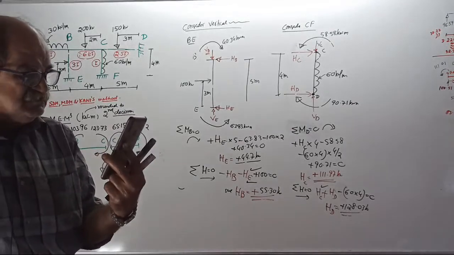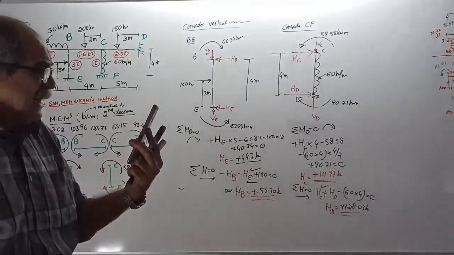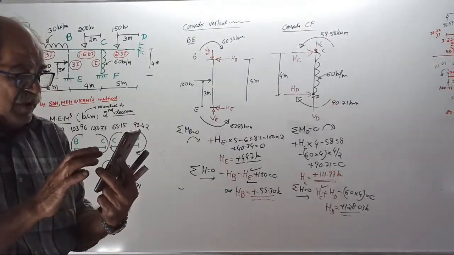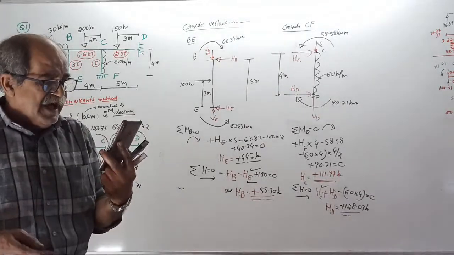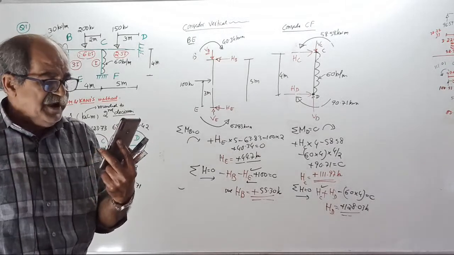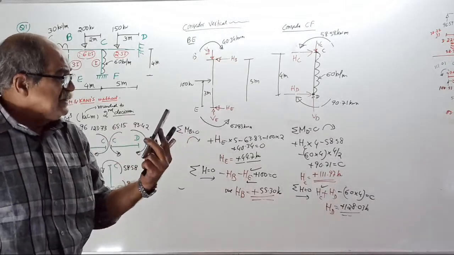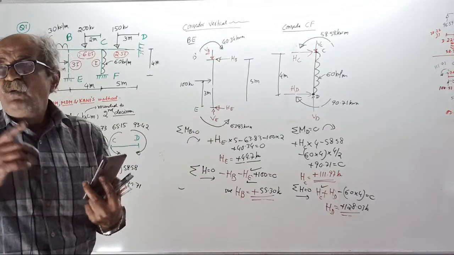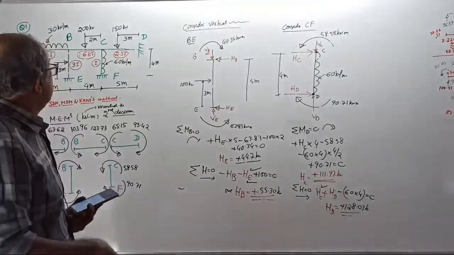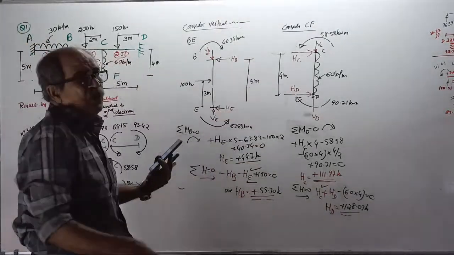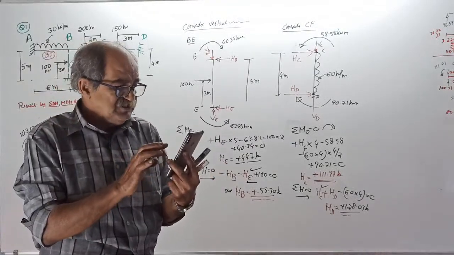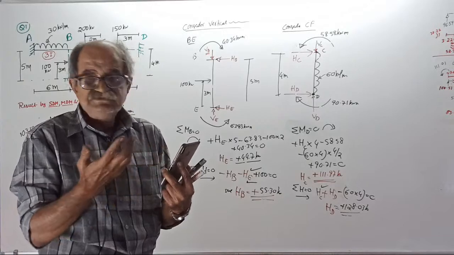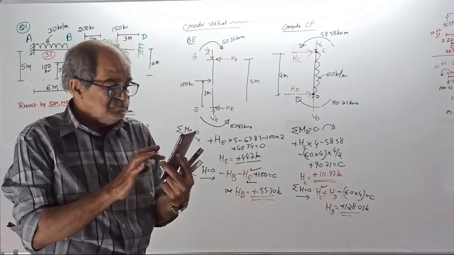Actually, Suresh has sent the answer. It is perfectly correct. I saw it. Even I checked the answer. When you come to next class, can you get all these reactions so that I can directly start from SFD-BMD? Yes or no? If you agree, it will save the time.